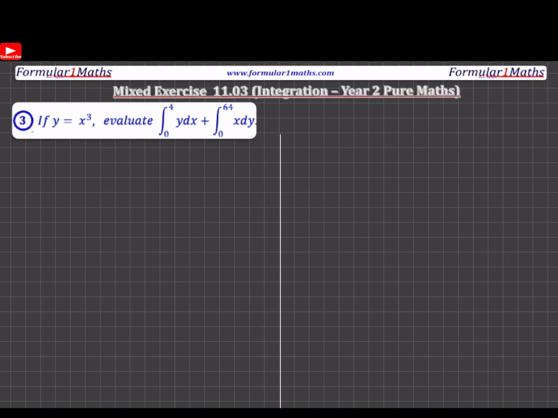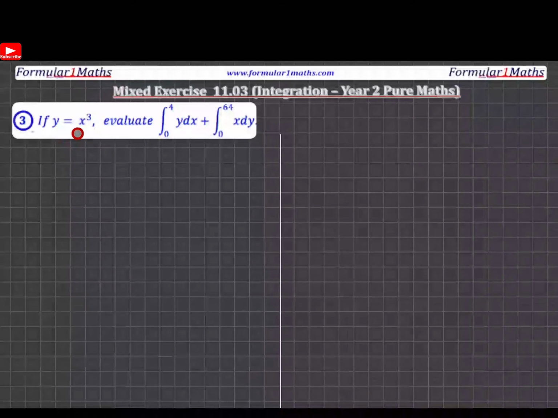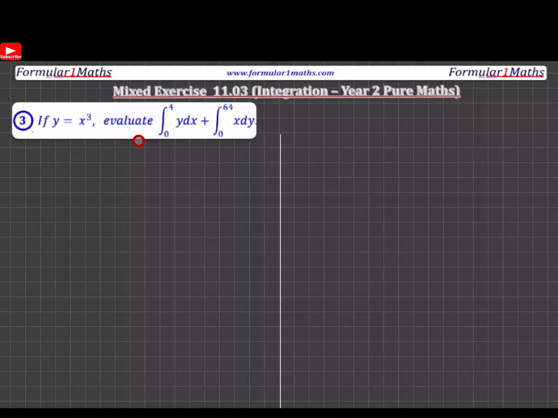Question 3. If y is equal to x cubed, evaluate the integral of y dx from 0 to 4 plus the integral of x dy from 0 to 64. So we are given that y is equal to x cubed. This implies that y to the power 1/3 is equal to x.